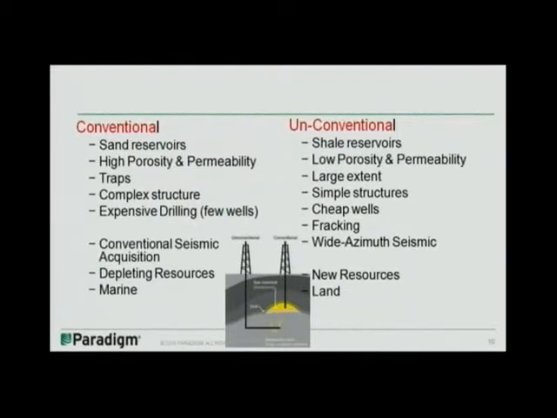From a seismic perspective, for conventional we use conventional seismic acquisition, and for unconventional, we use wide azimuth seismic acquisition, and I will discuss it a little bit later. And as I said, the conventional is depleting resources, while the unconventional is new resources. There are huge reservoirs all over the world, so the potential is very large, and of course this is why a lot of oil companies today move completely to unconventional exploration.